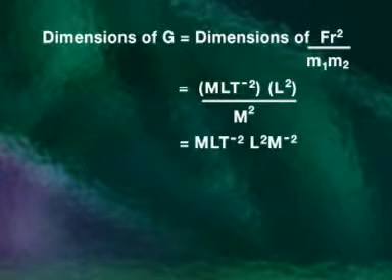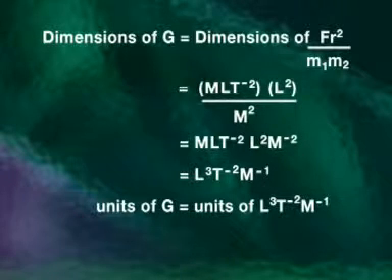This equals M L T^-2 L^2 and M^-2. This gives us L^3 T^-2 M^-1.